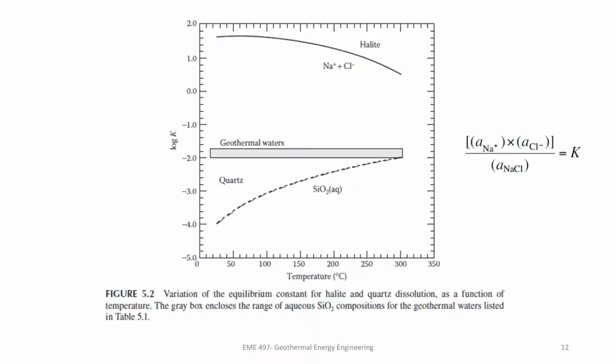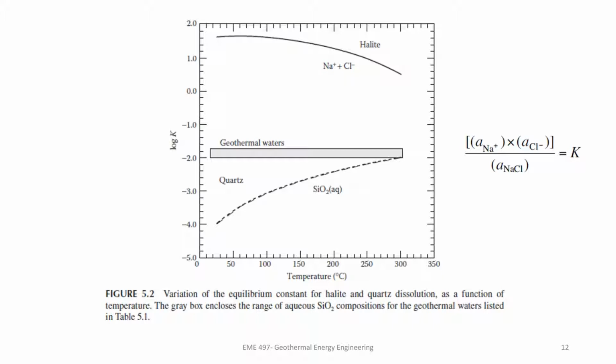As a result, the equilibrium constant would change linearly as temperature changed. However, as we can see from the curvature of the line defining the measured values for the log of the equilibrium constant K for halite in figure 5.2, we can determine that there is a more complex process affecting the behavior of the ions in solution, as it's not linear.